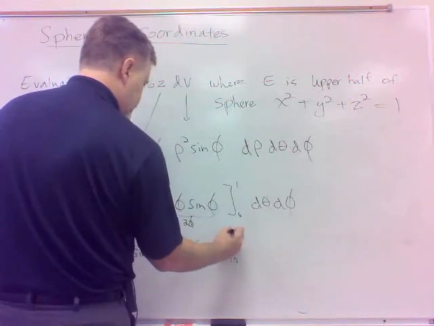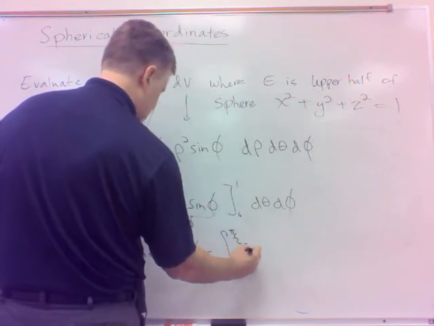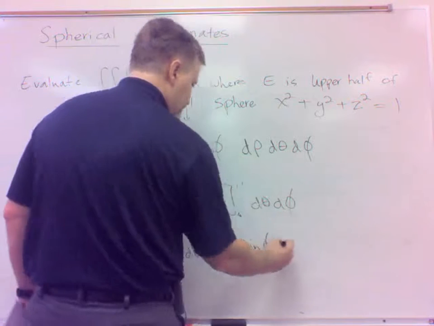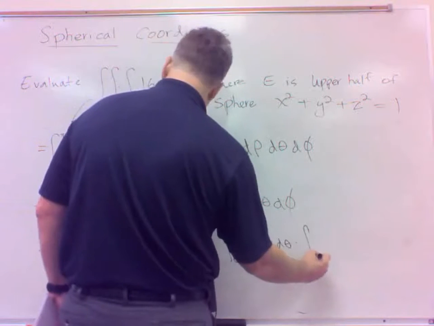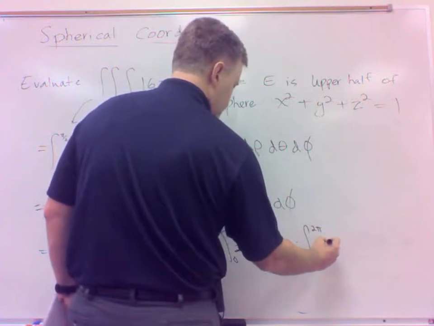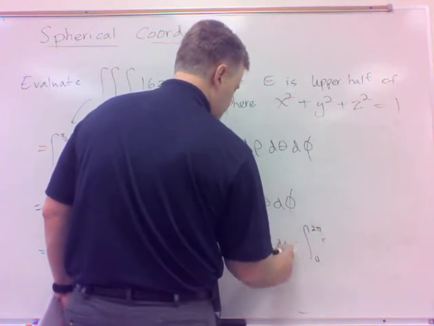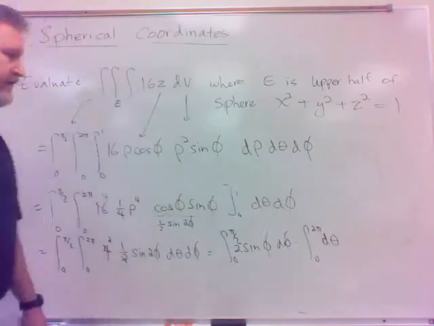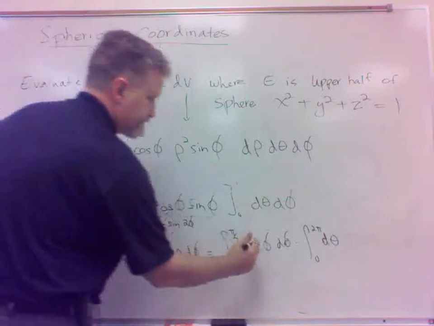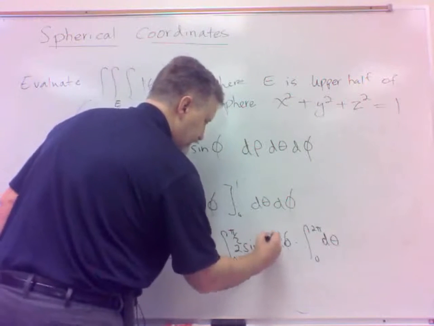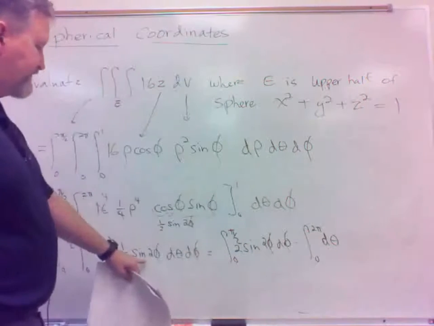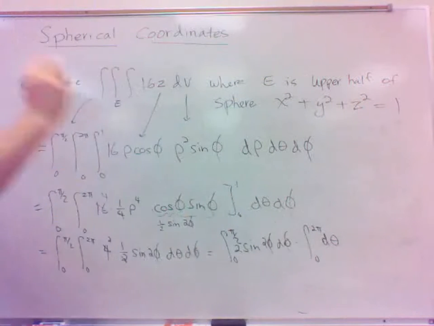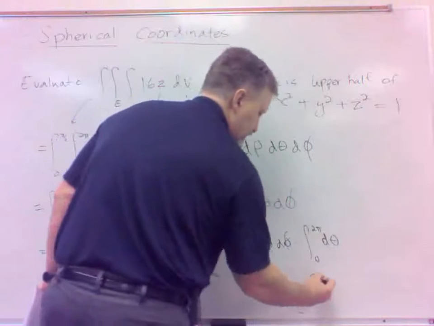The integral from 0 to pi over 2 of 2 sine of 2 phi d phi times the integral from 0 to 2 pi of 1 d theta. That's just going to be 2 pi, isn't it? We're just doing 1 d theta.